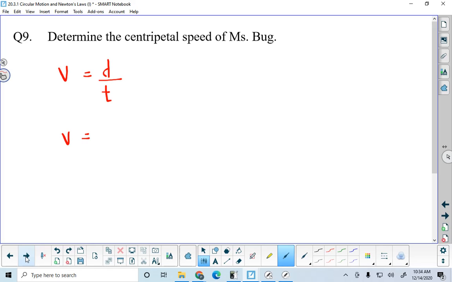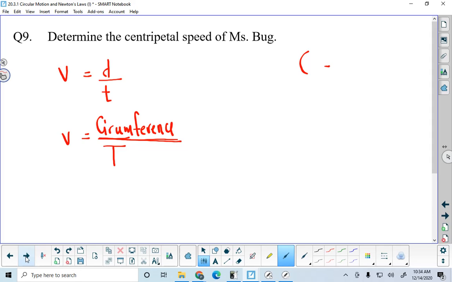If we take the period to be the time, which is the time for 1 revolution, then the top is the distance that she travels in 1 revolution, which is called the circumference. So if we take the circumference divided by the time, we'll get the speed.